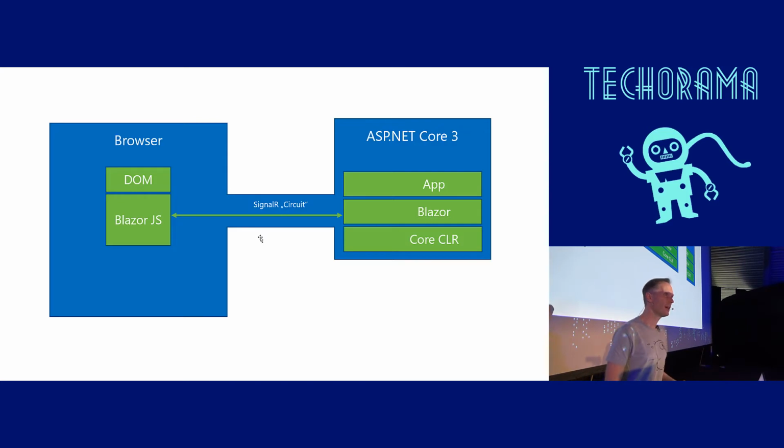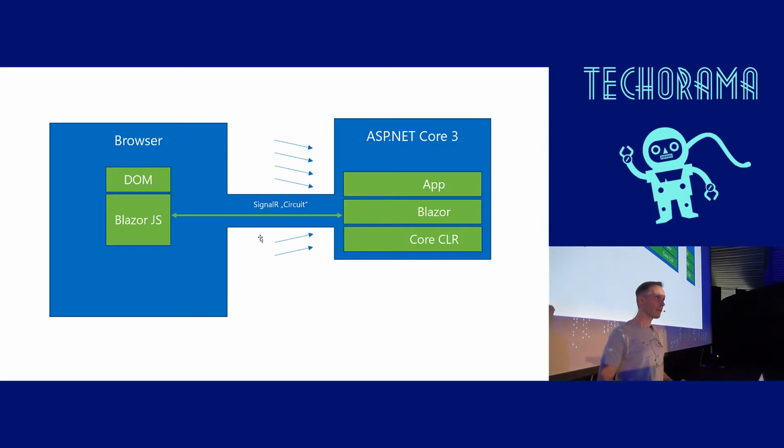So on the one hand, you can send an empty render tree to the client, or you can pre-render HTML on the server and send a ready-made initial HTML impression of your website to the client, and therefore the loading time will be pretty fast. It doesn't have to download WASM, it doesn't have to download DLLs, it just downloads a ready-made HTML version of your website, an initial version.